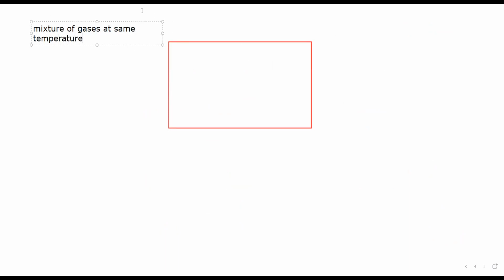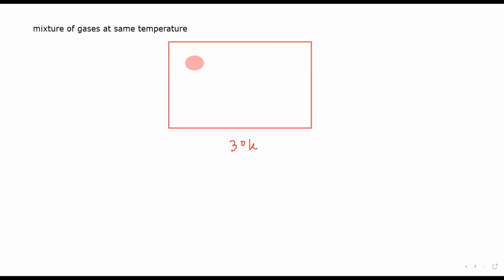So if we have a mixture of gases at the same temperature, like 30 Kelvin, here I have oxygen molecules, O2, which is 16 multiplied by 2, 32. And I have nitrogen molecules, which is 14 multiplied by 2, 28.